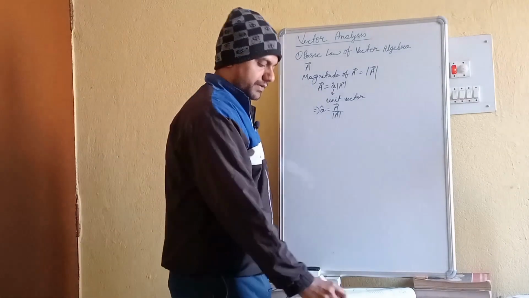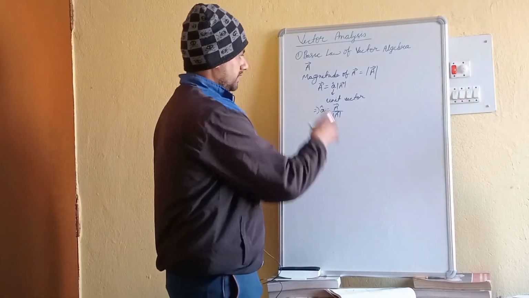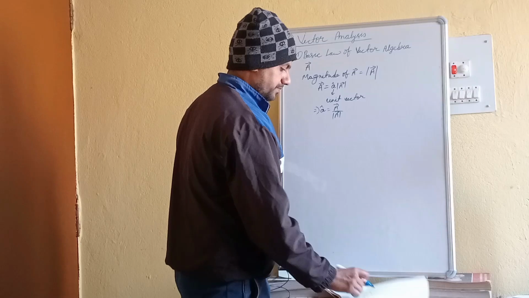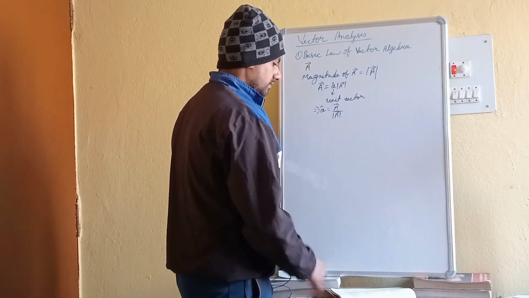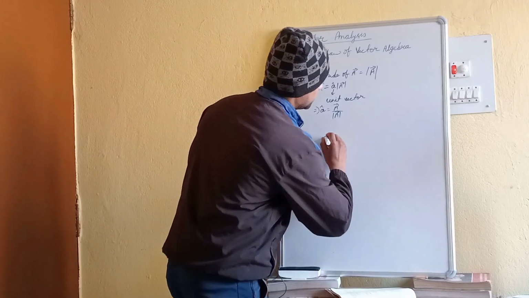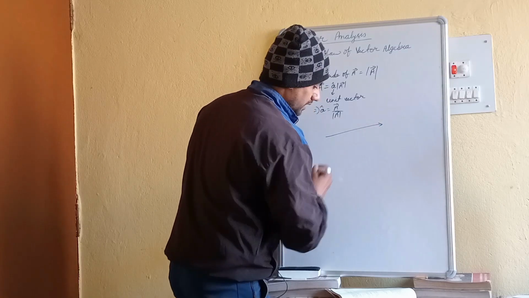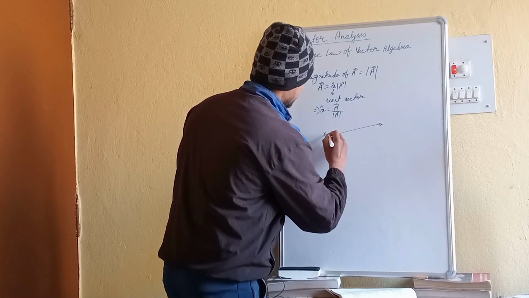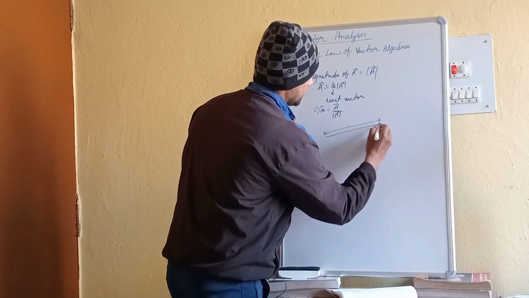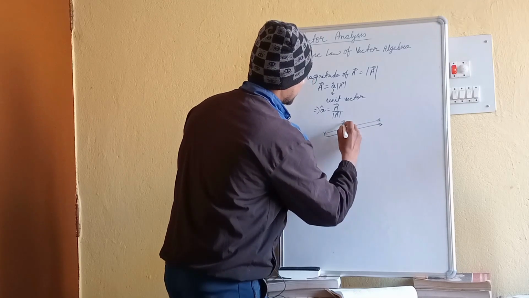Graphically we can also represent all this. For example, if I take a vector A, the magnitude of this one, from here to here, is the vector magnitude.